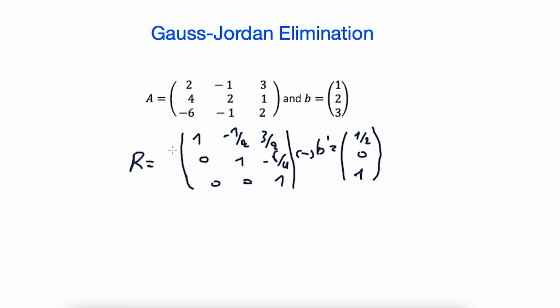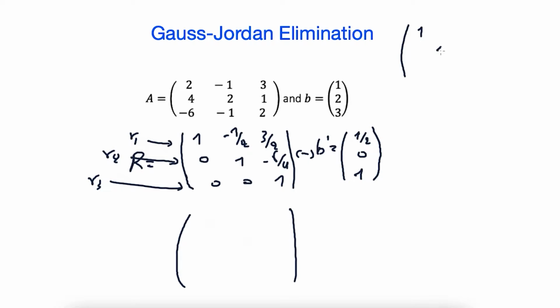So if we call this row R1, this row R2 and this row R3, our goal is to get a matrix with ones on the diagonal and zeros elsewhere. We already have zeros here and we want to get these other zeros.